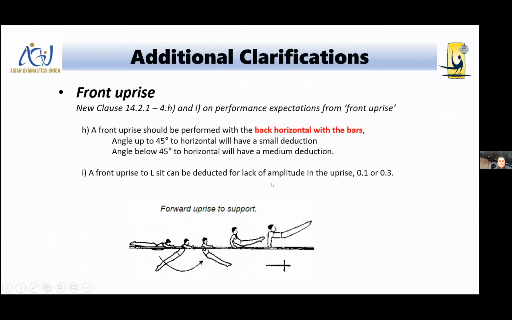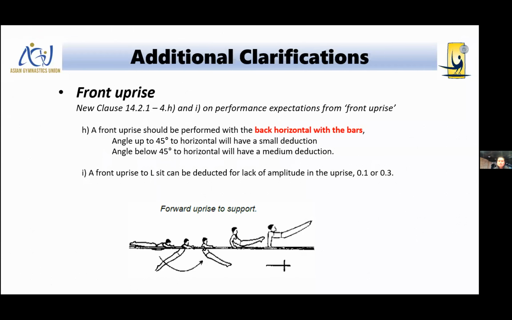So there has been an additional clarification for Front Uprise. This was there in the newsletter in the previous cycle, but now they have added a clarification that it has to be horizontal, the Front Uprise, for no deduction. If it is up to 45 degrees, then you deduct a small, that is 0.1.